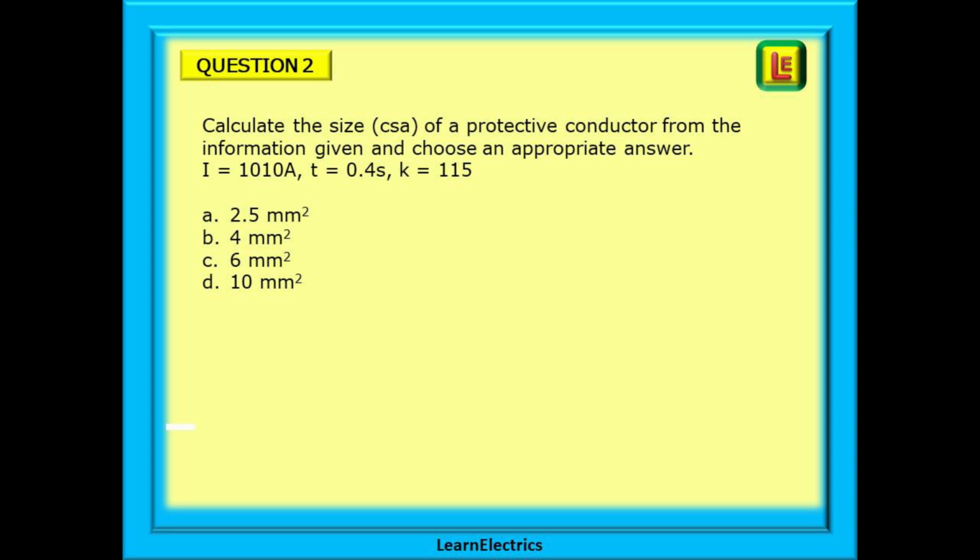We are asked to calculate the size of a protective conductor from the information given and to choose an answer where I is 1010 amps, T is 0.4 seconds and K is 115. Pause the video whilst you calculate your answer and make a choice.